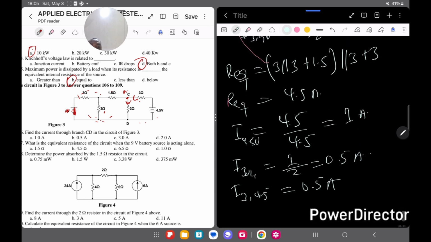So now the algebraic sum of the current which is passing through the 3 ohms will be the current due to 9 volts acting alone plus the current due to 4.5 volts acting alone.